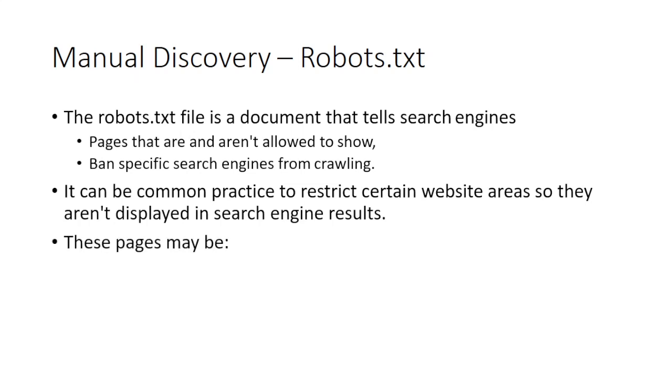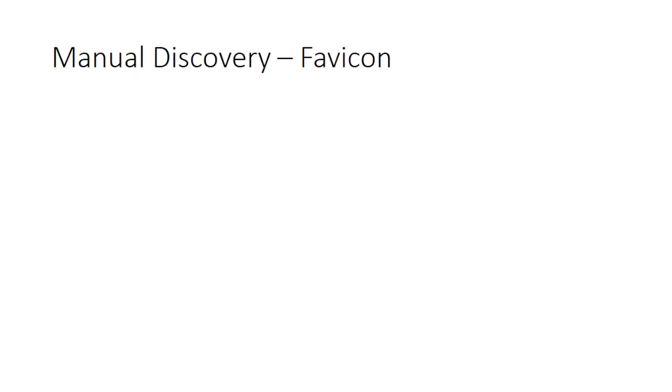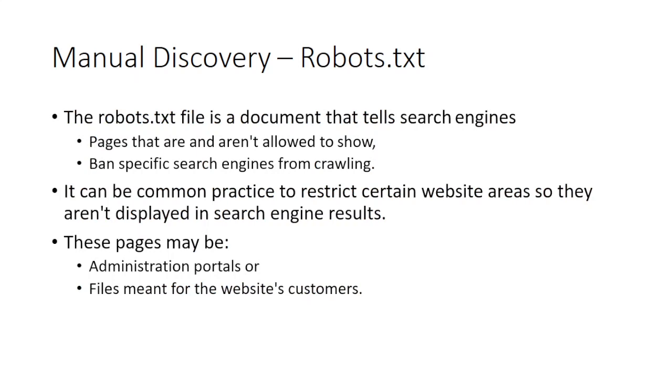These pages may be administration portals or files meant for the website's customers. So this robots.txt file gives pen testers a list of locations on the website that the owners don't want us to look at.